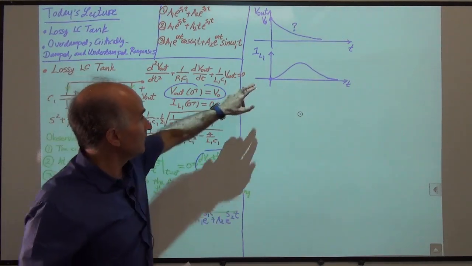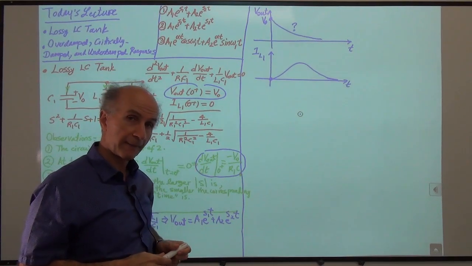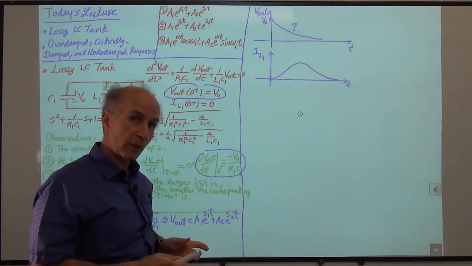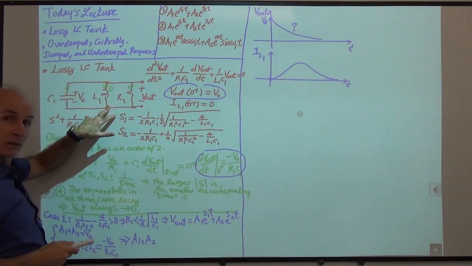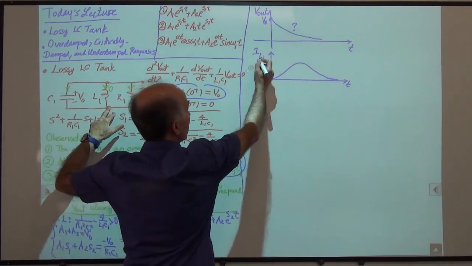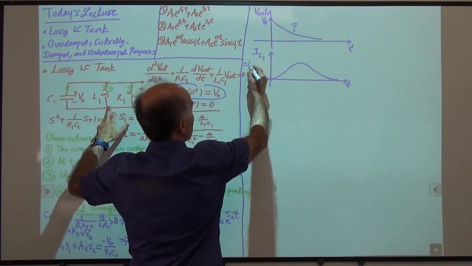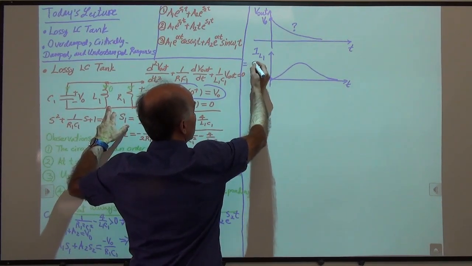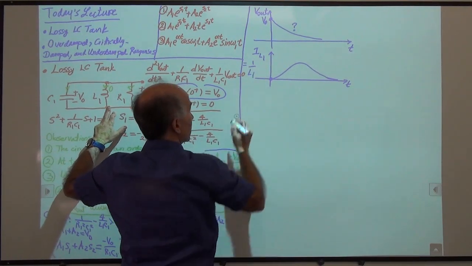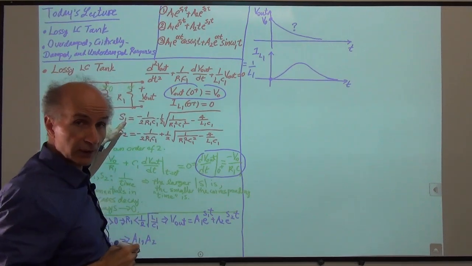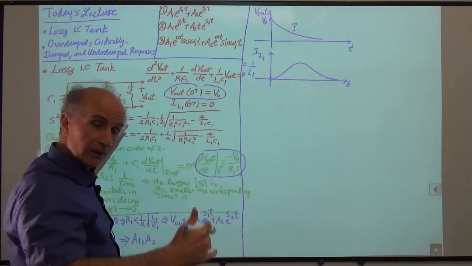Now, you can see that this picture and this picture are not consistent. Why? Well, do we have an equation for IL1, the current through the inductor? Yes. Remember, the voltage across an inductor is L di over dt.